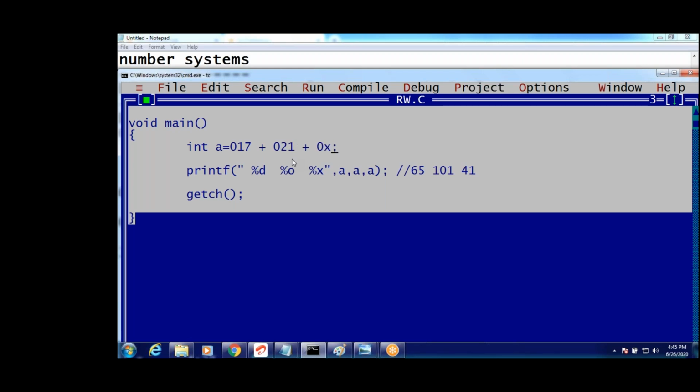You can write capital or small, that is your wish. Now tell me, what is the answer of this question? Three formats: percent d, percent o, percent x. What values does it print?